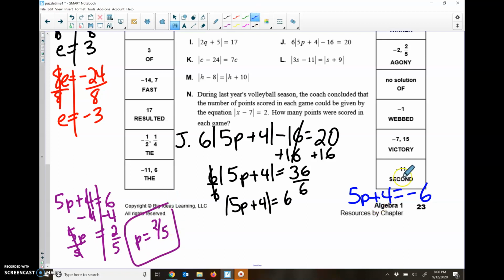Over here, I got a plus 4, so I'm going to minus 4. 4 minus 4 cancels out to 0. Negative 6 minus 4 ends up being negative 10. Divide both sides by 5, so those cancel. Then negative 10 divided by 5 is negative 2. So our two answers there are 2/5 and negative 2.